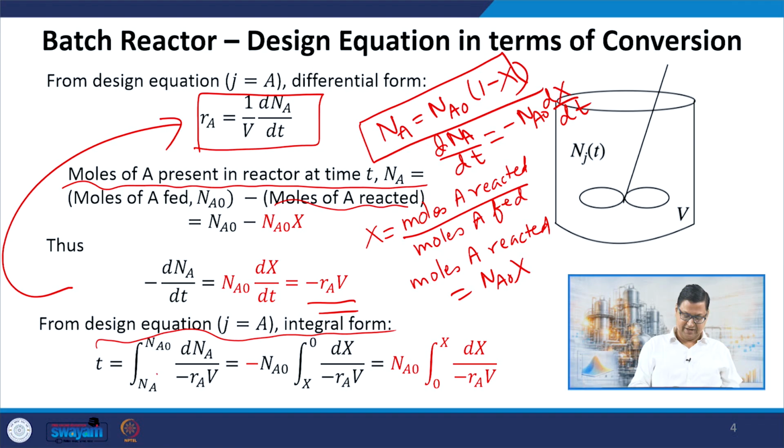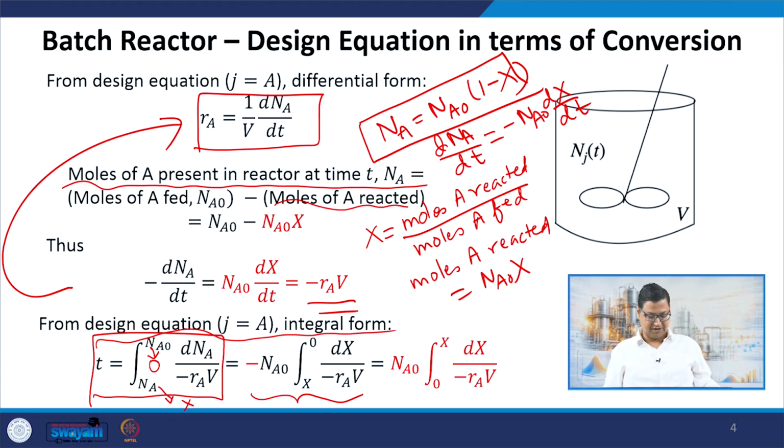So, earlier we had time equal to something like this, but now Na corresponds to a conversion of x and Na naught corresponds to a conversion of 0, assuming that we started with only A to begin with. In that case, we have this new equation, and that can be expressed as this by changing the limits of the integration.